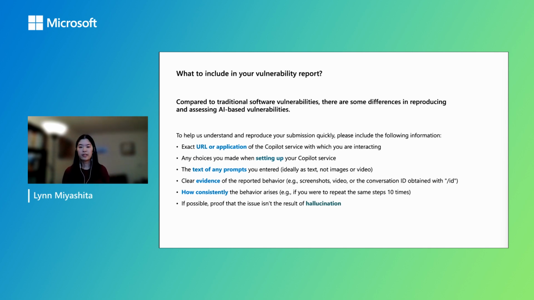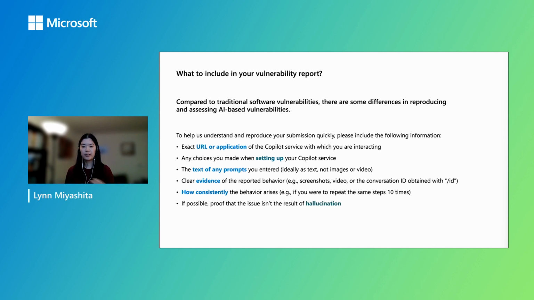So the first is listing out the exact URL or application of the Copilot service that you're interacting with. The next is making sure you're including any choices that you made when setting up your Copilot service, and including the text of any prompts that you've entered. So both in an image or a video, as I mentioned before, or you can even just copy and paste that text into your submission report.